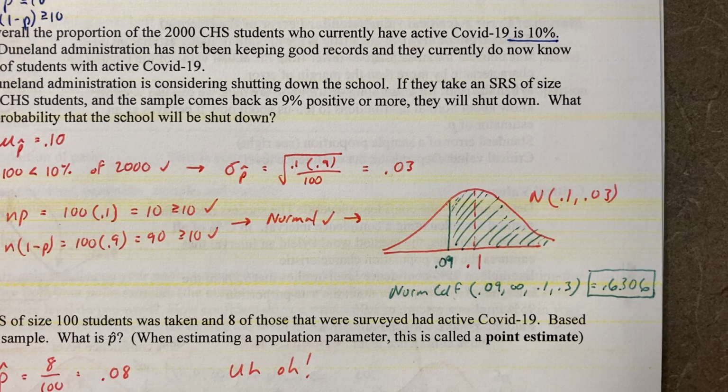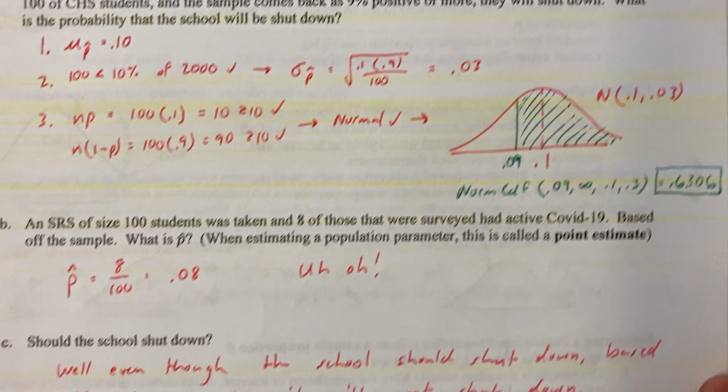So 63% of all the samples that could possibly be taken of size 100 will come back as 9% or greater. Okay, so more than likely, CHS is going to take a sample and it's going to come back as more than 9%. We're going to have to shut the school down. We're not guaranteed. Let's keep reading.